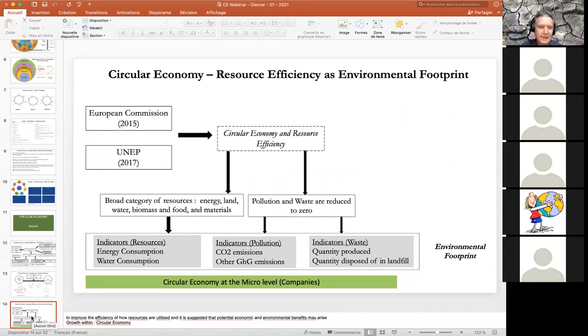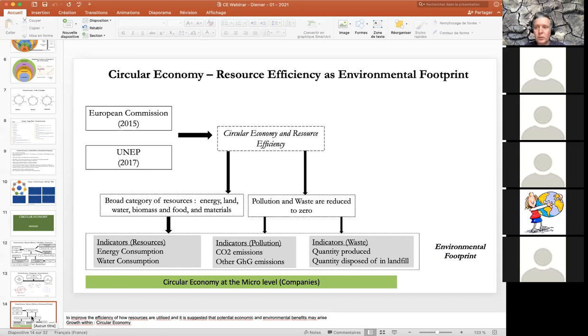Energy is one, but you have land, water, biomass, food. So you could have a balance of every resource, and I believe that every company could find specific indicators to do this. At the same time, resource efficiency is connected to pollution and waste.